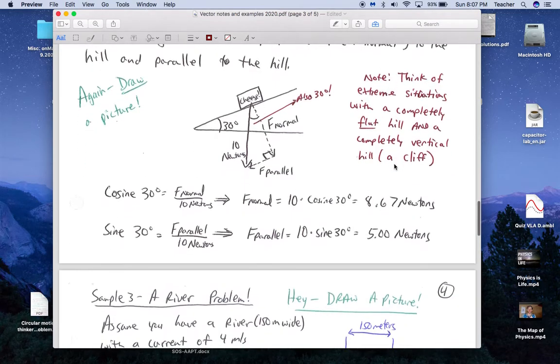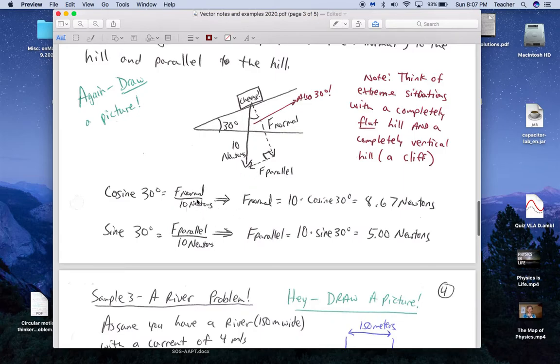So in this case, if I want to think about this side and this side, the cosine of 30 degrees, and this is again the 30-degree angle, is the adjacent side divided by the hypotenuse. So cosine of 30 degrees is equal to this normal component over 10 newtons, which is my hypotenuse.